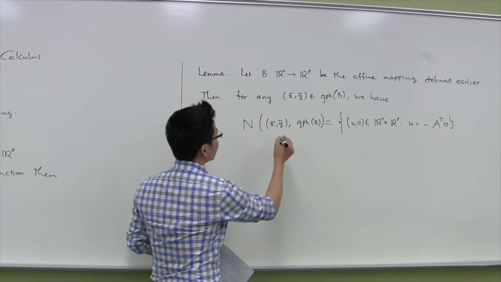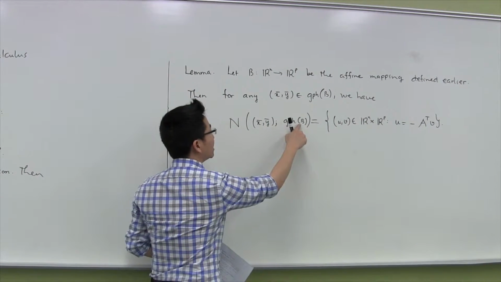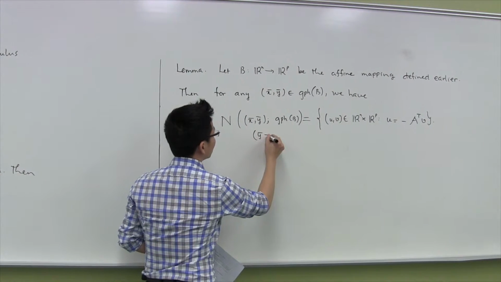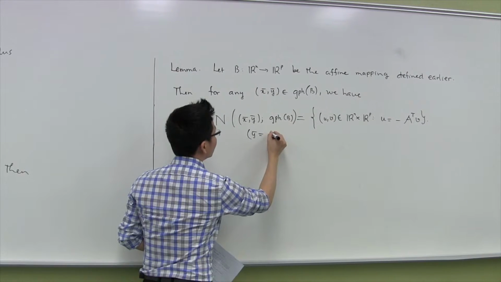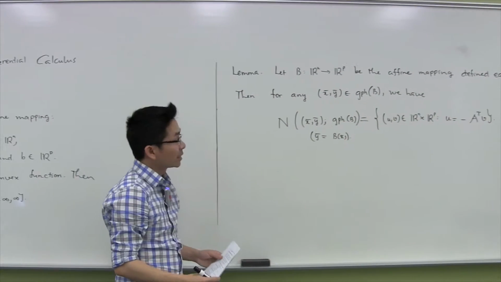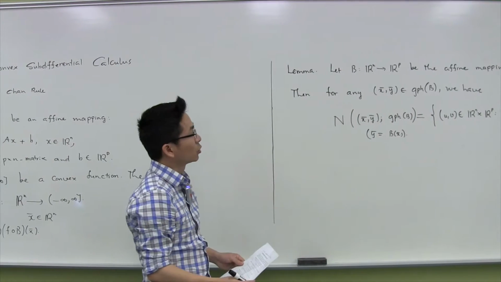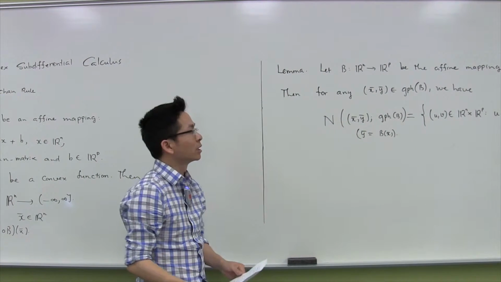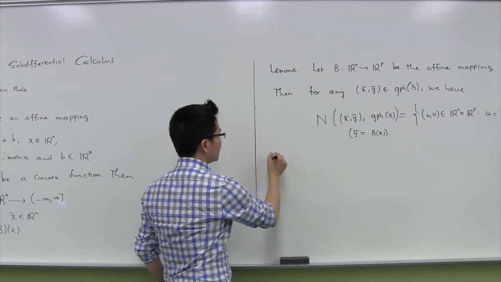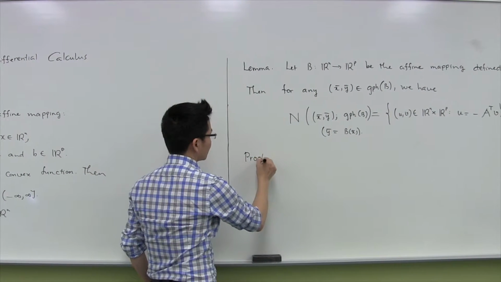Note that over here, because (x bar, y bar) is in the graph of B, y bar is always equal to B of x bar. Let me go ahead and use the definition of the normal cone to convex sets in order to prove this useful formula.